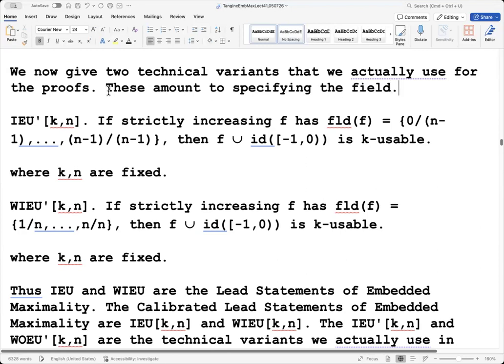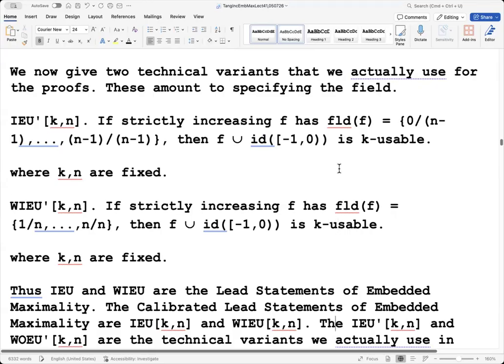That's what this amounts to. And that, by the way, makes the proofs a little bit easier and clearer what's going on. In fact, when we do this, we make sure we have the singularity at zero.